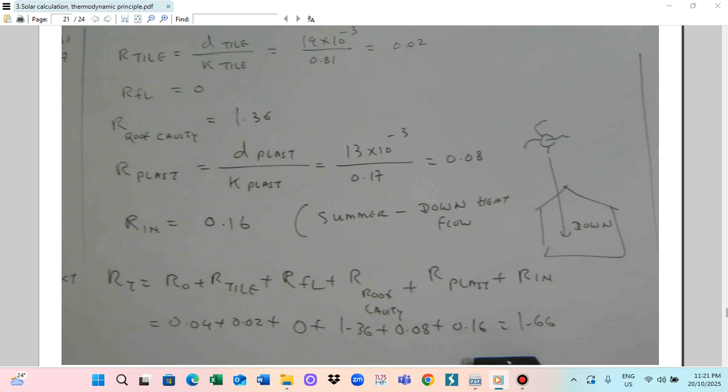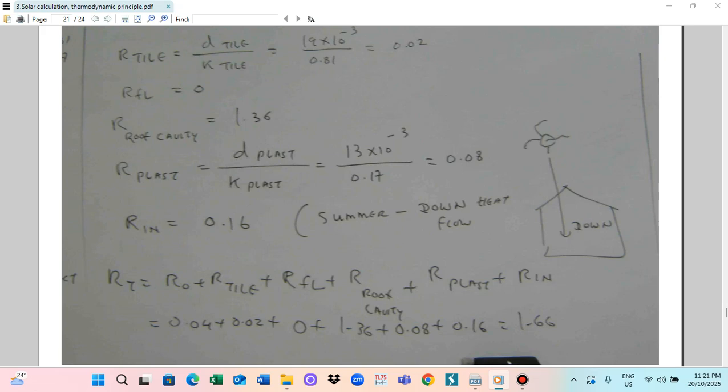R total is equal to R0 plus R tie plus R F plus R roof cavity plus R plus plus R in. So you substitute. R0 is 0.04.